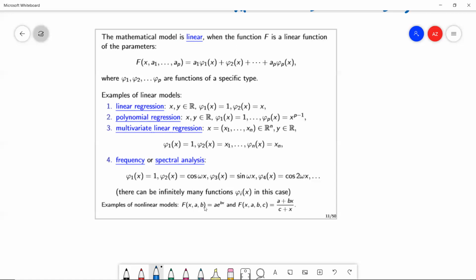And this is what we don't allow, because then the model is not linear anymore, and what we will look at in the continuation won't work to solve such a model. So other ways of solving such a model will be needed, and this will be seen in the second chapter. And here is another example when parameters occur in a nonlinear sense. So this function cannot be written in this way.